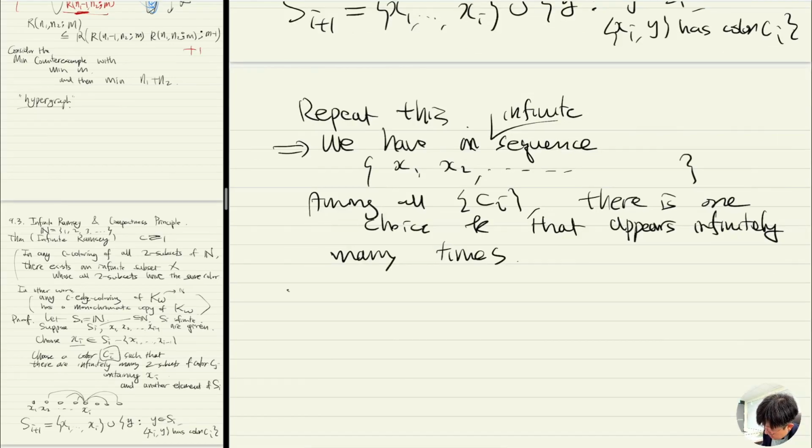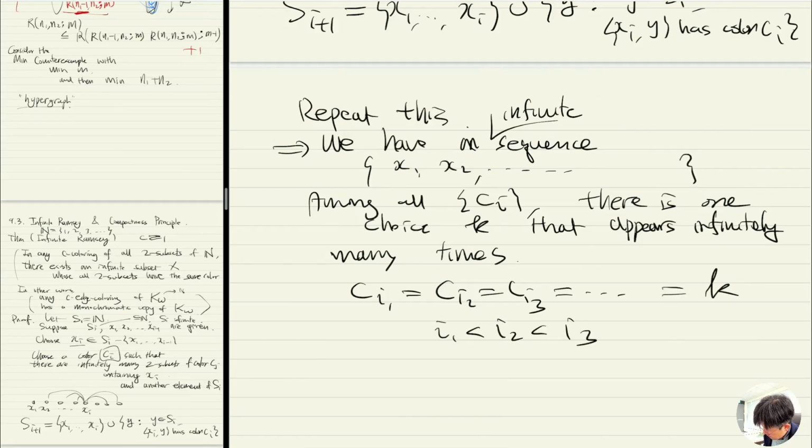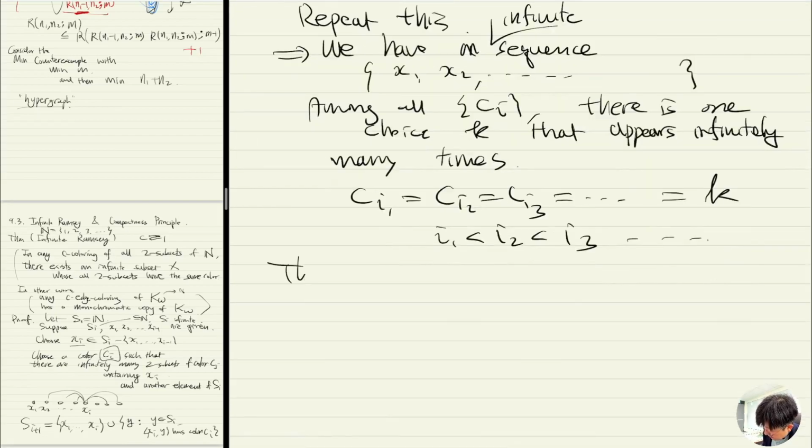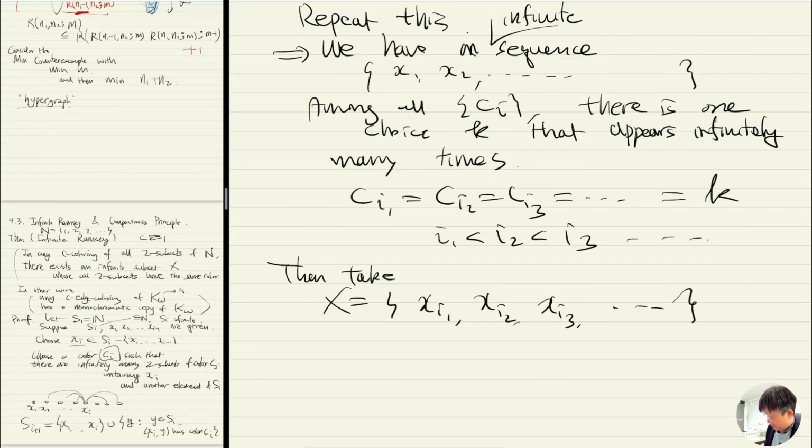And then let's say Ci1, Ci2, Ci3, all these things are K, where i1, i2, i3 are the indices. Then take X to be xi1, xi2, xi3, and so on. Okay, now what's going to happen?